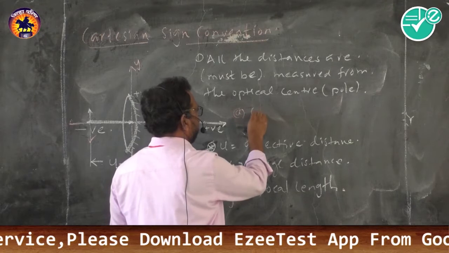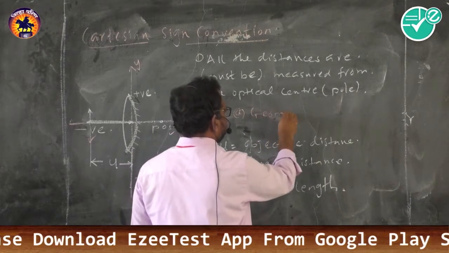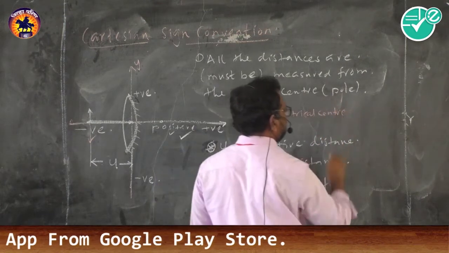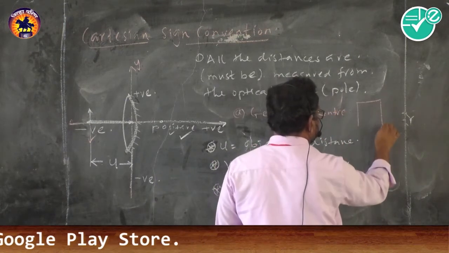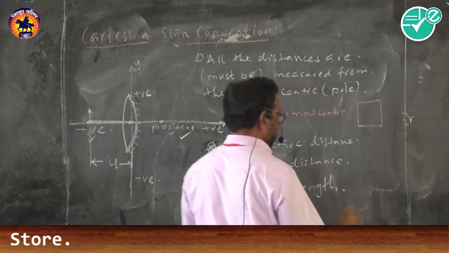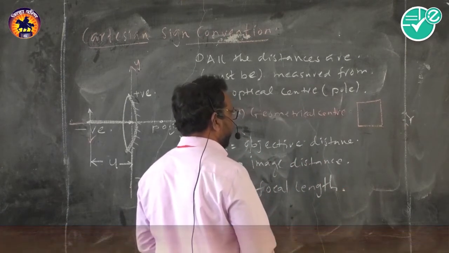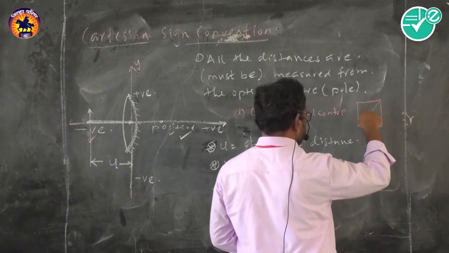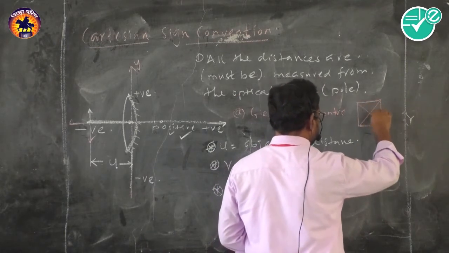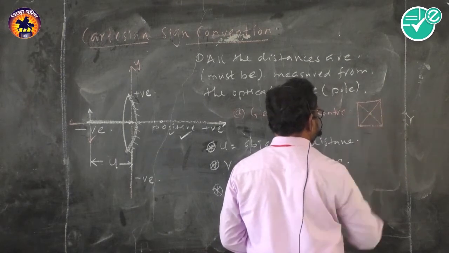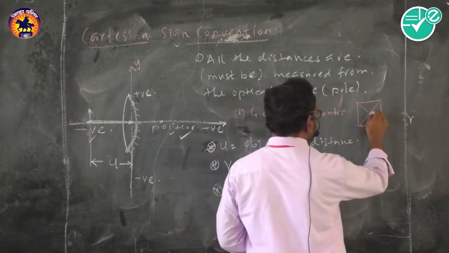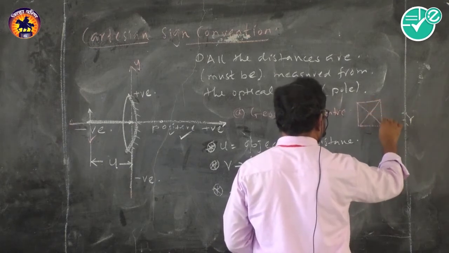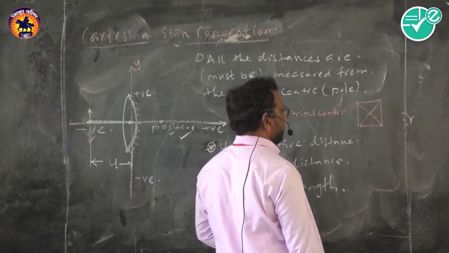One is the geometrical center. Suppose I draw a geometrical figure like a square, and I join these two opposite corners. Then the point is here. This point is at equal distances from all the corners of this square.